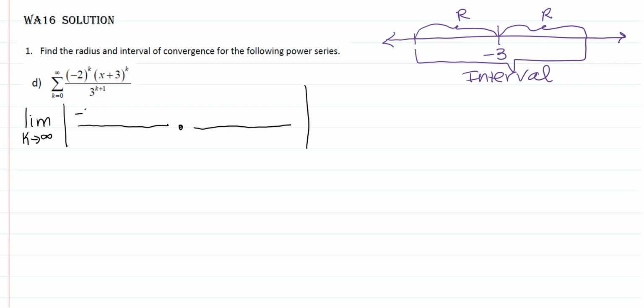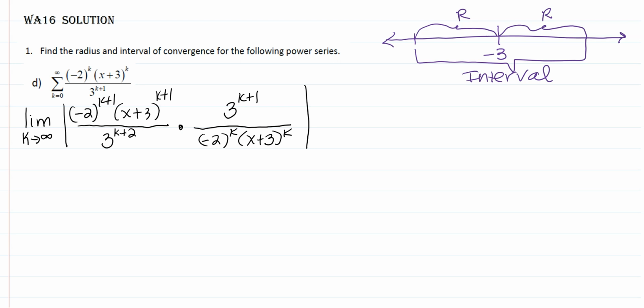On the numerator, I will have -2 to the k plus 1 times x plus 3 to the k plus 1 over 3 to the k plus 1 plus 1. That would be k plus 2. Here we'll take the reciprocal of a sub k. So 3 to the k plus 1 goes on top, -2 to the k power down here, and then I'll have x plus 3 to the k power.